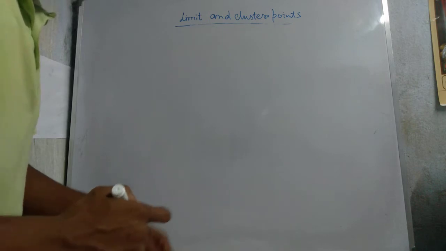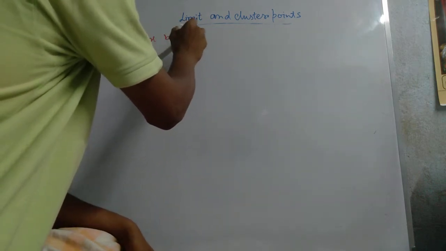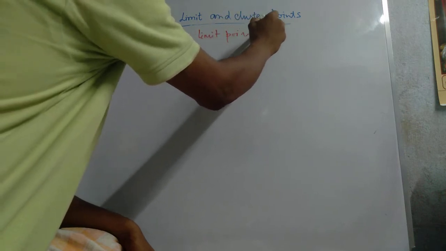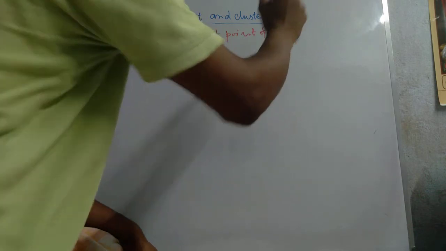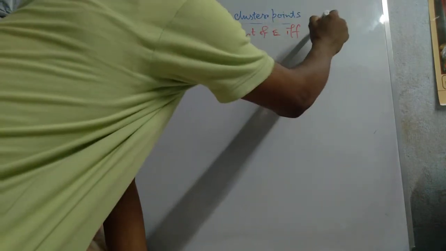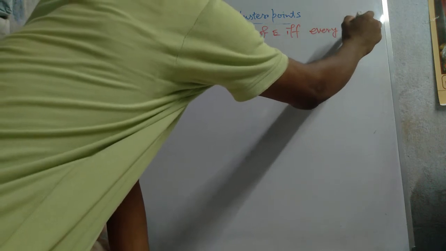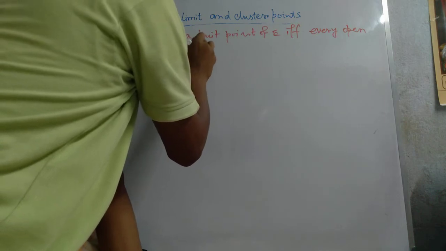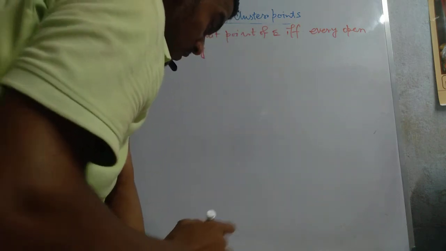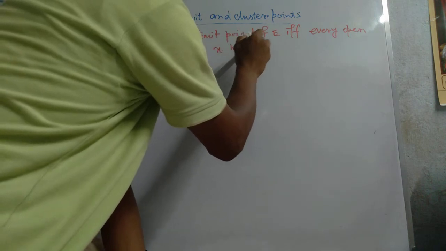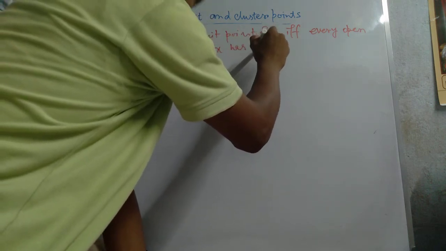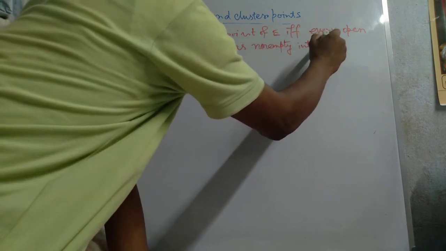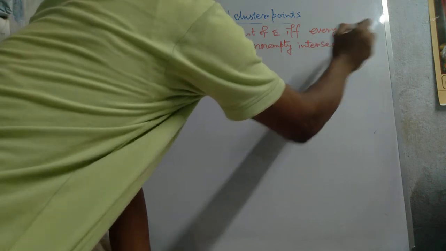The concluding part is: x is a limit point of E if and only if every open set containing x has non-empty intersection with E.